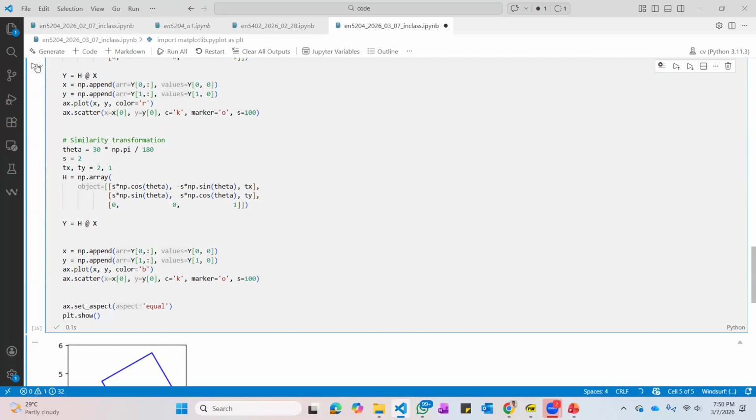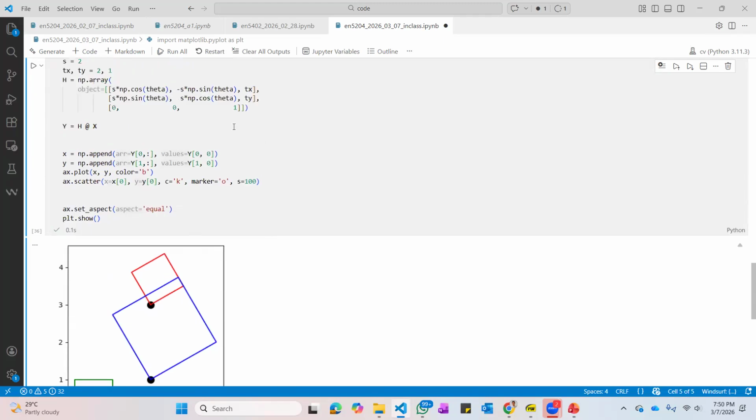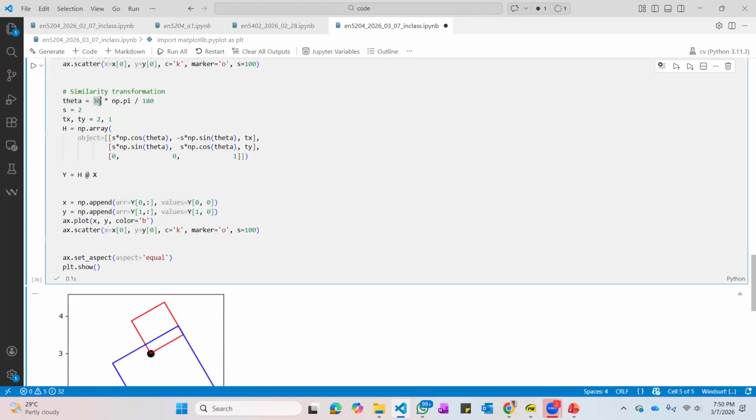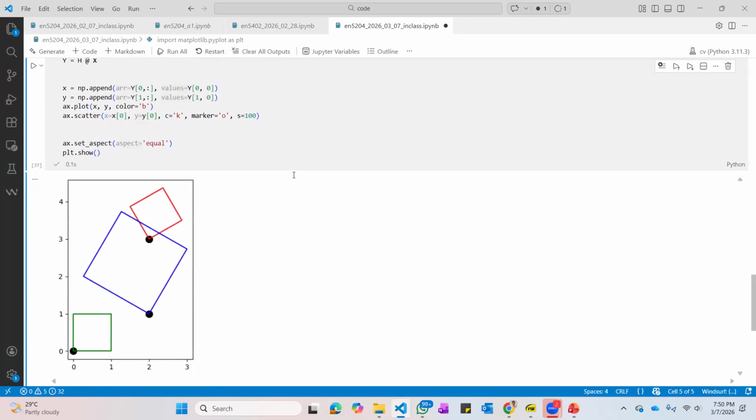Rotation is 30, let's rotate it a little bit more, 60 degrees. Yeah, you can see that now. It's a similarity. So the line parallelism is there, angles are preserved, but the scale has changed homogeneously in every axis.